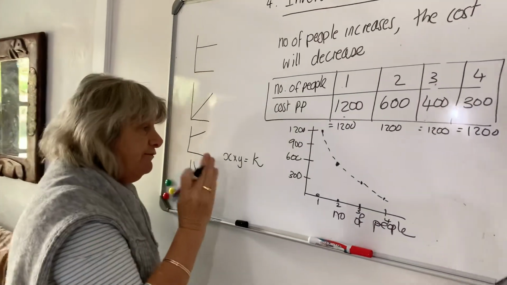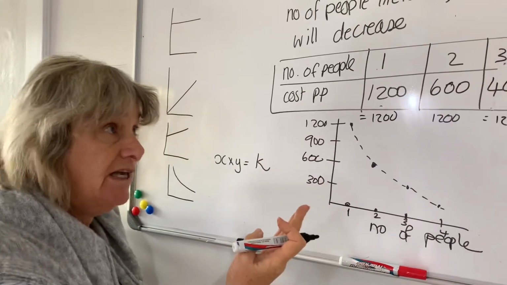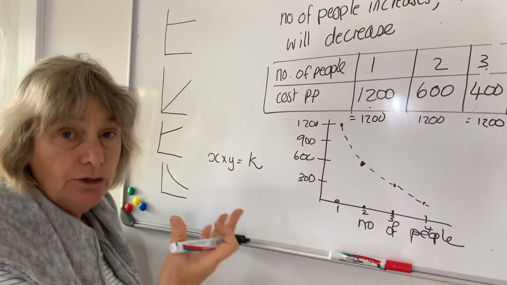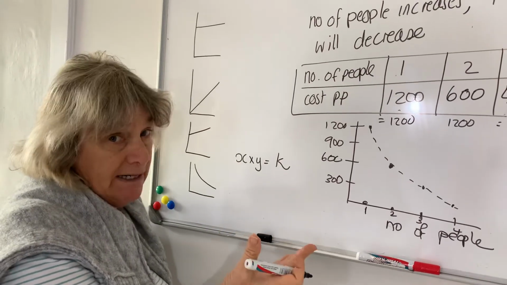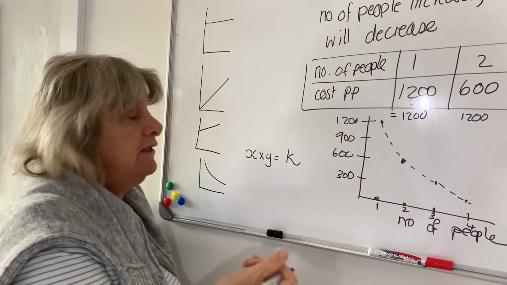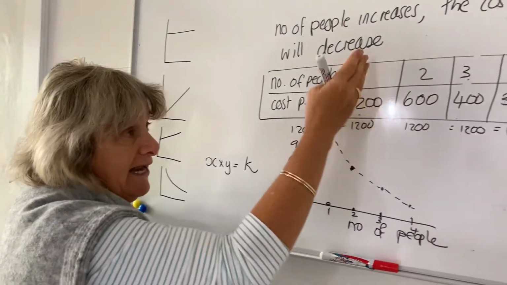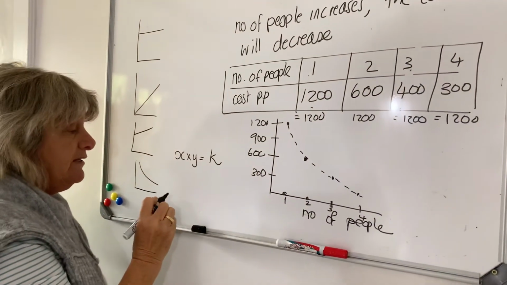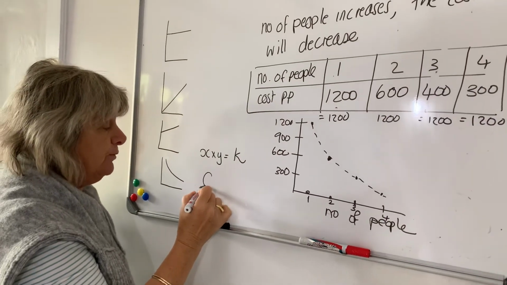Now we have to find the constant product in order to make our equation. It's not always given to you. In this scenario, I told you the amount to go down to Port Elizabeth and back was 1,200. So in fact it was given, but it's not always. So to find it, you need to multiply any 2 points here and you'll find the constant product. So let's write an equation to show the cost per person.